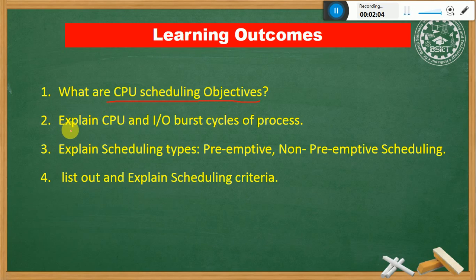Second, the student can explain the CPU and IO burst cycle of a process. Third, the student can explain the basic types of scheduling, that is, preemptive and non-preemptive scheduling. And last, very important, the student can enlist and explain the scheduling criteria.